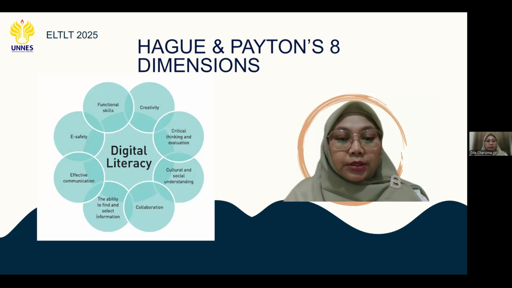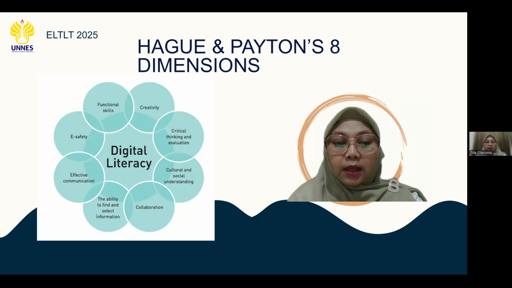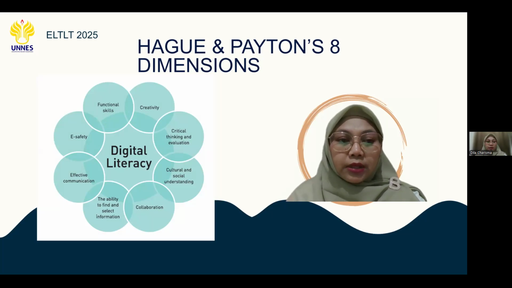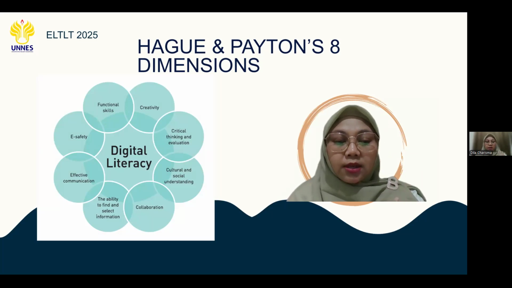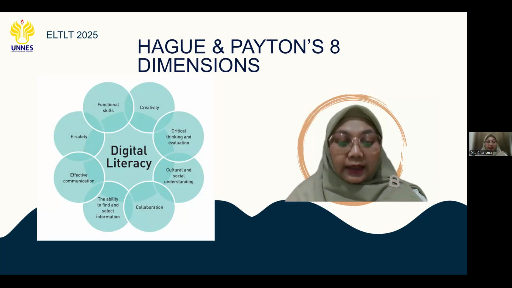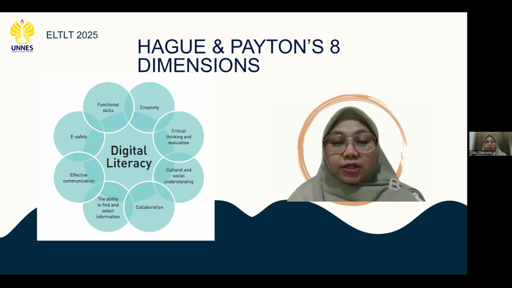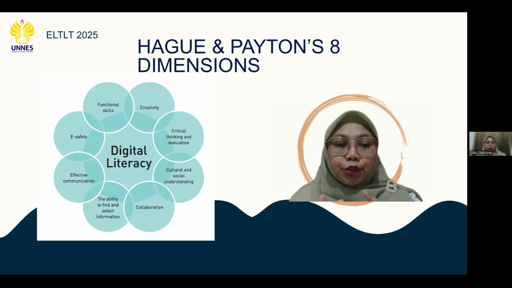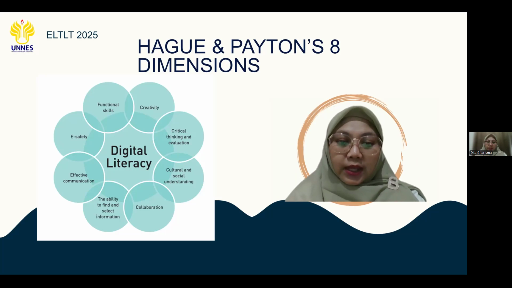These include functional skills or ICT abilities, creativity, critical thinking and evaluation, cultural and social understanding, collaboration, communication, the ability to find and select information, and number 8 is e-safety. Together, these dimensions provide a holistic way to profile digital literacy in teacher education.